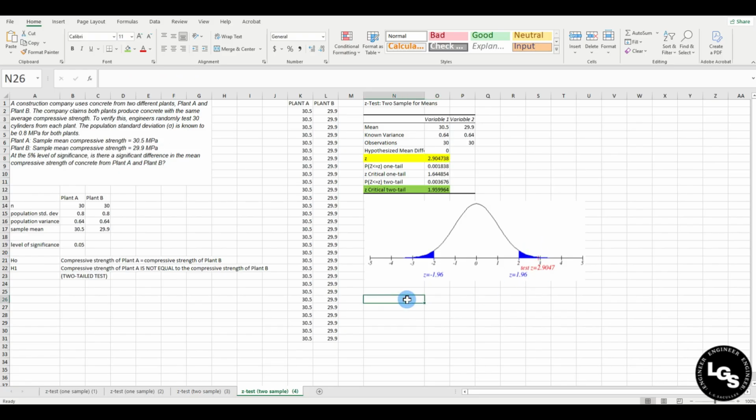So if it falls in the critical region, our decision is to reject H0.